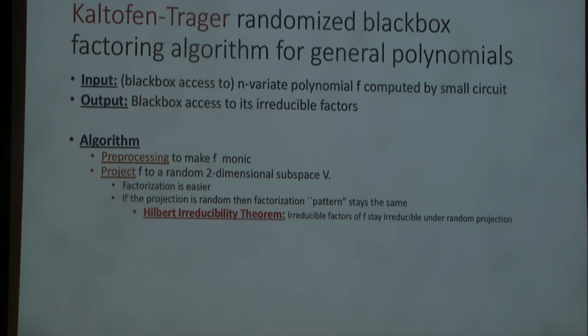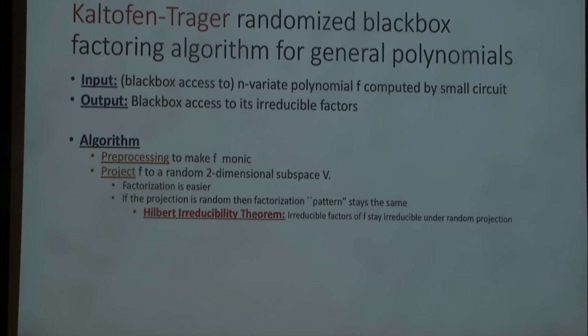Then the probability that f, so I'm not projecting to a uniformly random two-dimensional space. I'm projecting to a two-dimensional space which looks like the following. The y variable is untouched, and I'm looking at a1t plus b1, a2t plus b2, ..., a_n t plus b_n.